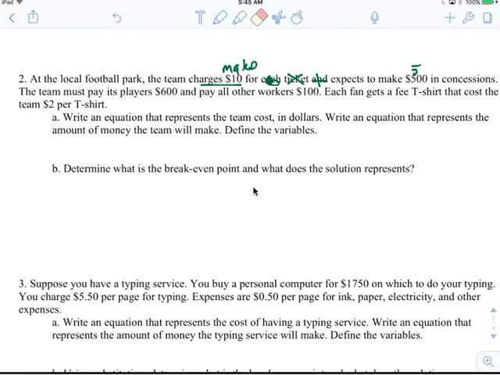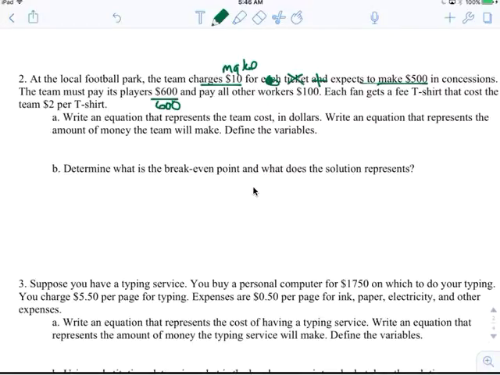in concession, so that's also a make. Concessions are chips and stuff, sodas and candy. Okay. The team pays its player, the team, you are the team. If this is a cost, it pays its player $600.